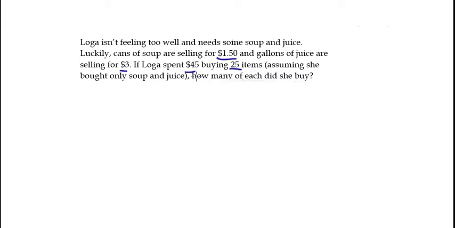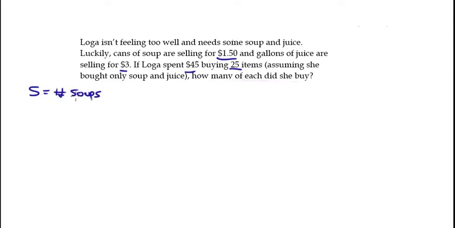And now let's see, what are our variables? What are our two unknowns that we're solving for? We know that it's asking us at the end, assuming she only bought soup and juice, how many of each did she buy? With this one, there's not a set variable that you have to use. Usually it makes sense: if we're doing soup, we'll call that S. So S is going to be the number of cans of soup that she bought.